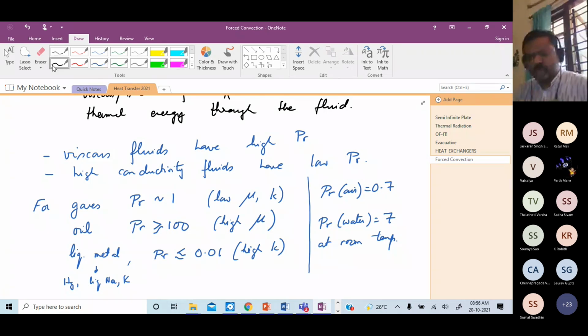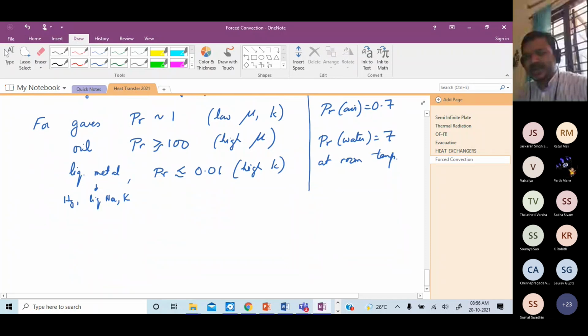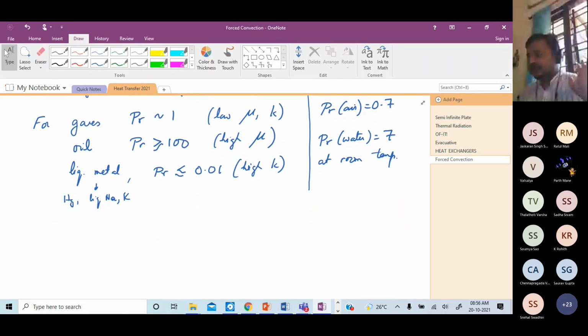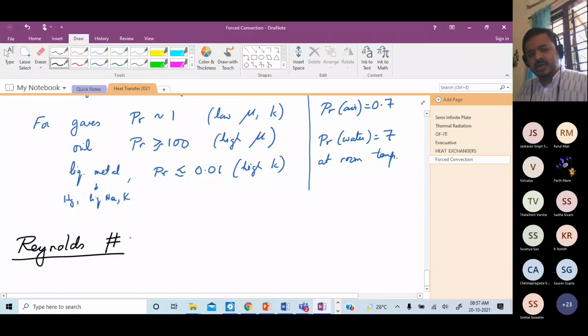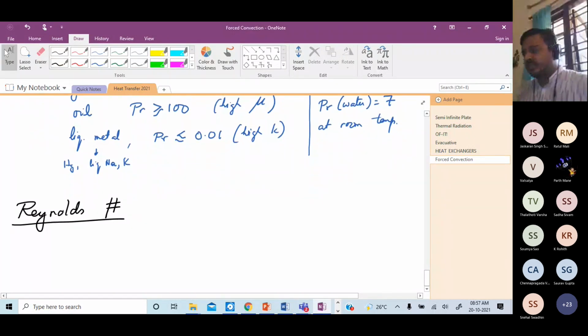Okay. So I would request you guys to remember this because it helps. It helps in multiple ways. We will see that. The last one before we break is Reynolds number. Okay, and this you already know. I have nothing else to cover here.